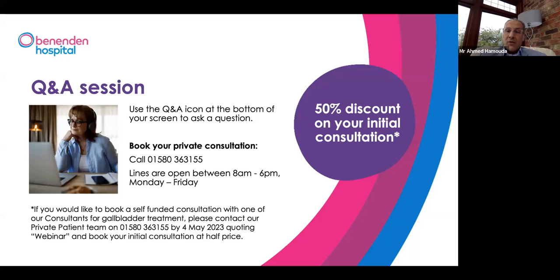But if you've had any of those conditions where a stone has slipped through, then by definition, you need to have your gallbladder taken out if it's possible and feasible. The only thing that would stop it is if your health condition is so poor, you're very unwell to the point where you can't have a general anesthetic and surgery on your gallbladder, in which case we look at other options.